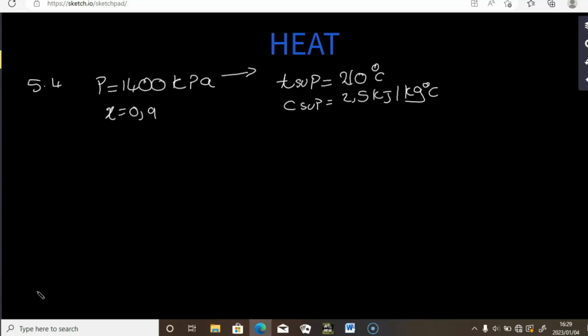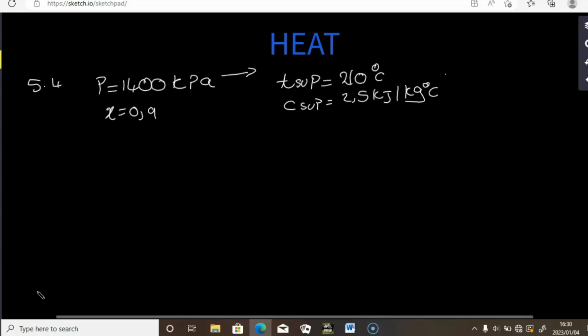We carry on the conversion of water into steam, and after that process is done, the heat energy will be used to increase the temperature of the steam to 210 degrees Celsius, and we're given the specific heat capacity as 2.5 kilojoules per kg degrees Celsius.